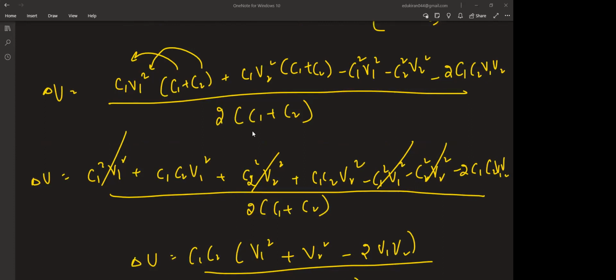So 2 into (C1 plus C2). This was the LCM obtained. So we have just multiplied C1 plus C2 wherever it wasn't written. Then we have opened up the brackets, cancelled the terms, and used the identity. That's why I'm telling all of you to practice it once by your hand. Once you go through it, then only it will be clear.